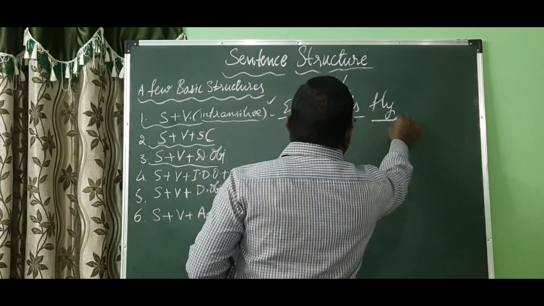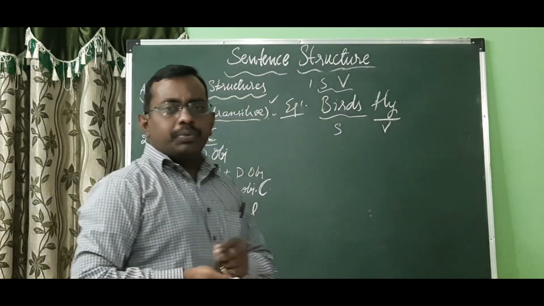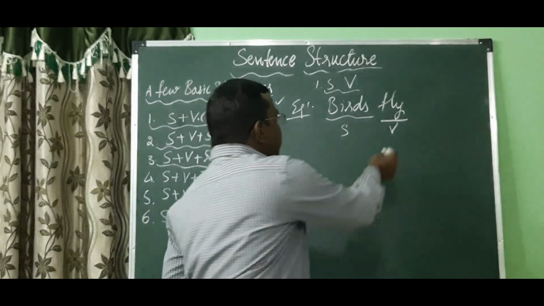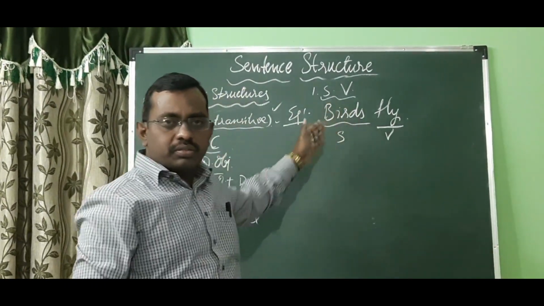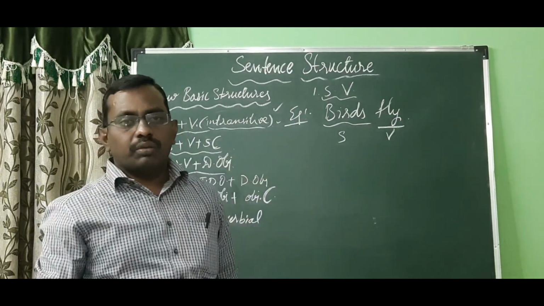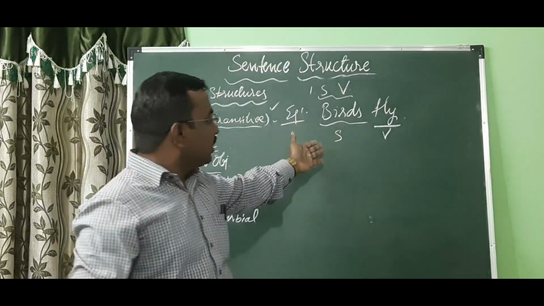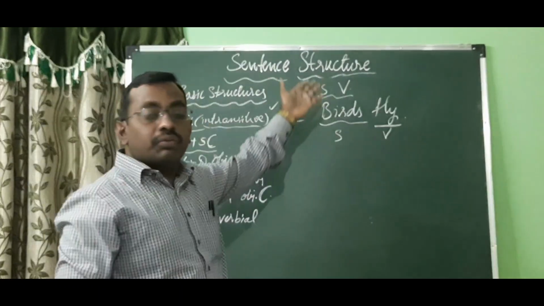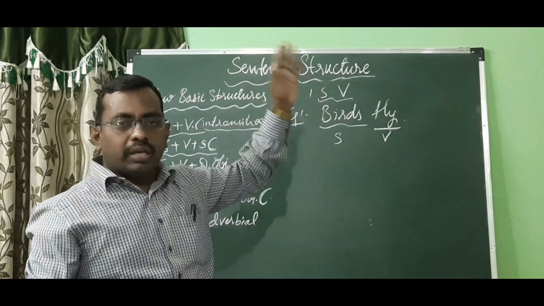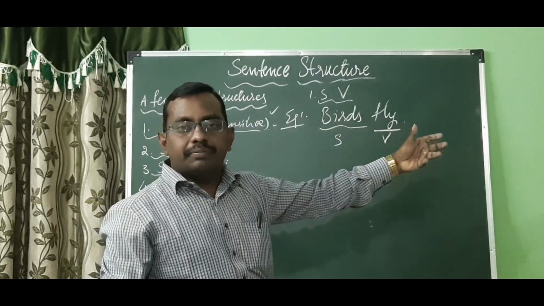Birds is a subject, fly is a verb. These two words give a complete idea because it is natural: subject is there and verb is there, and birds always fly.